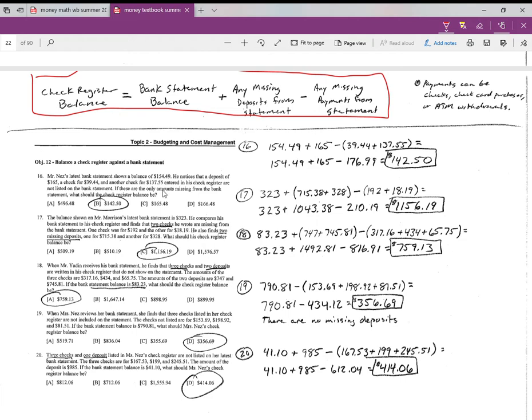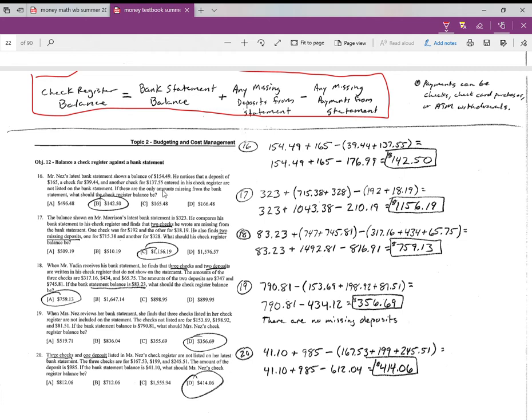So he might have just deposited that money and he wrote these checks out, and either the store or the landlord or whatever it is hasn't deposited them in their bank yet.